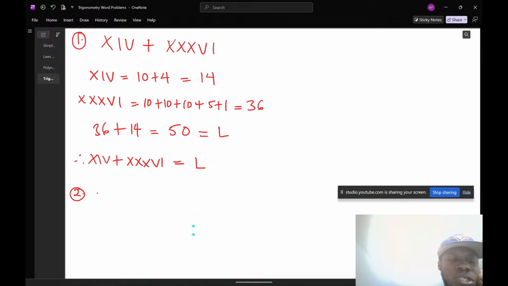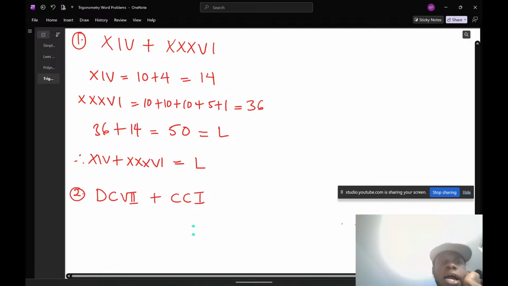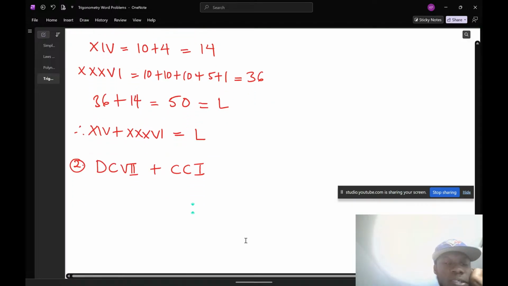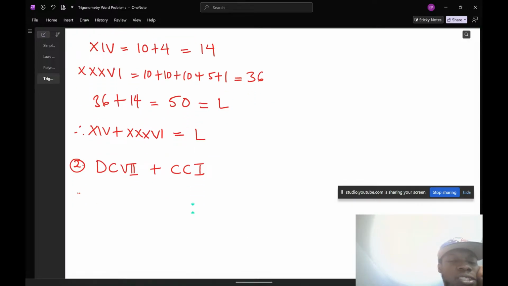Let's do DCVII plus CCI. So now let's convert DCVII to a natural number.